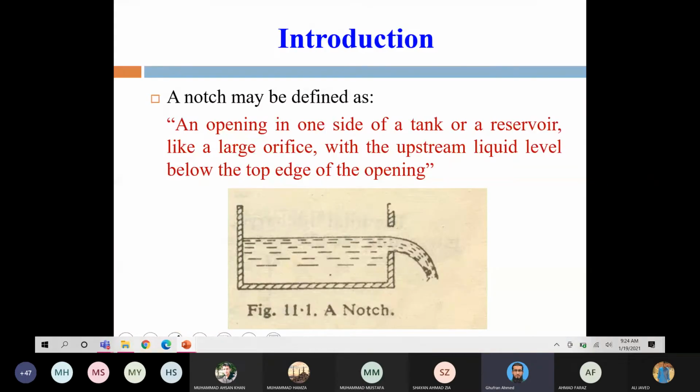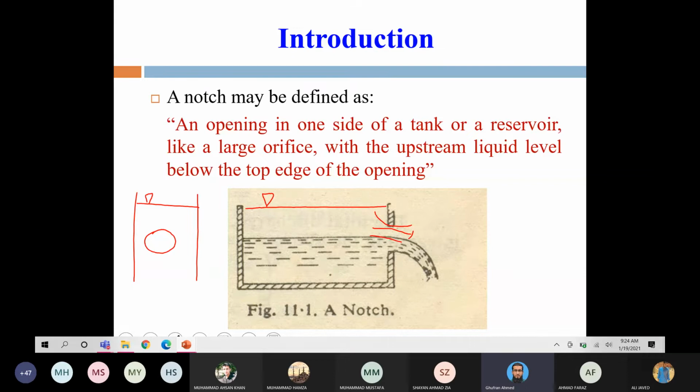A notch may be defined as an opening in one side of a tank or a reservoir, like a large orifice with an upstream liquid level below the top edge of the opening. In the previous lecture, you studied the orifice. An orifice is a small hole through which the liquid flows out. But the important point is that the water level should be here so that the water rushes out with some pressure.